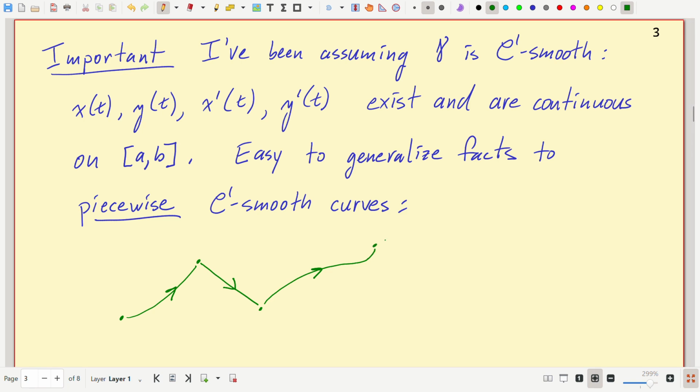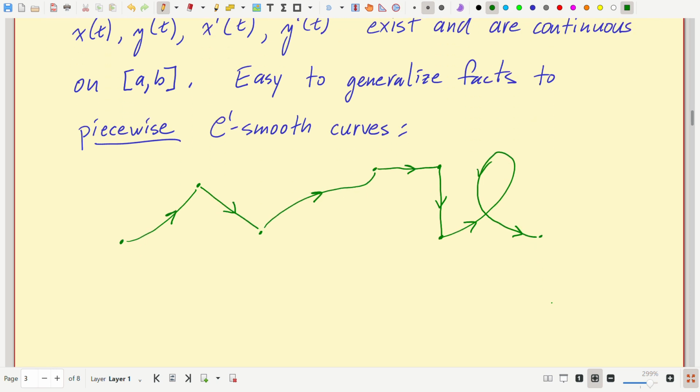And then maybe I could have more corners. Oh, and I guess I can even intersect myself if I want. But corners are allowed. So there'd be finitely many intervals where I'd have C1 curves, and then I'd stick them together at the corners. So this curve would be continuous, but with finitely many corners.